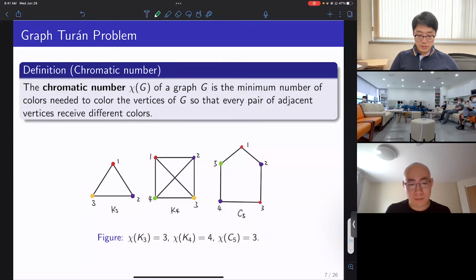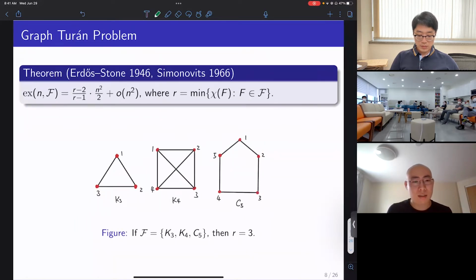So what Erdős and Stone found is that given any family F, the extremal function of F only depends on the chromatic number of F. So what do I mean by the chromatic number of a family?